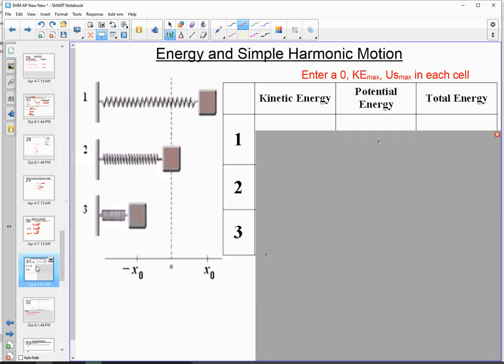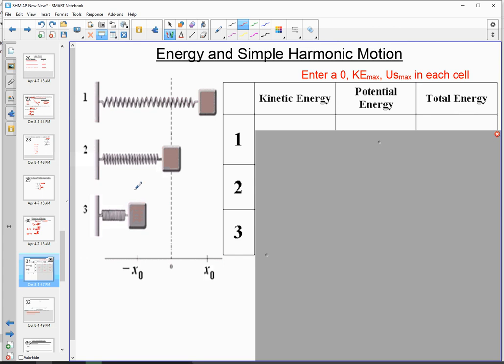All right, let's take a look at the energies with a mass oscillating on a spring in simple harmonic motion. And we'll have a little energy chart. This should remind you of the displacement, velocity, acceleration, and force chart that we did in video 1. So here we have the mass oscillating back and forth, and in each of the cells, we're either going to put 0, KE max, or the like, because notice we're only dealing with the extremes here, off to the right and off to the left.